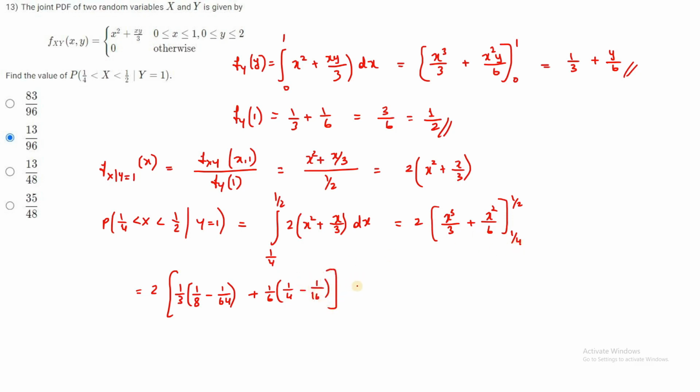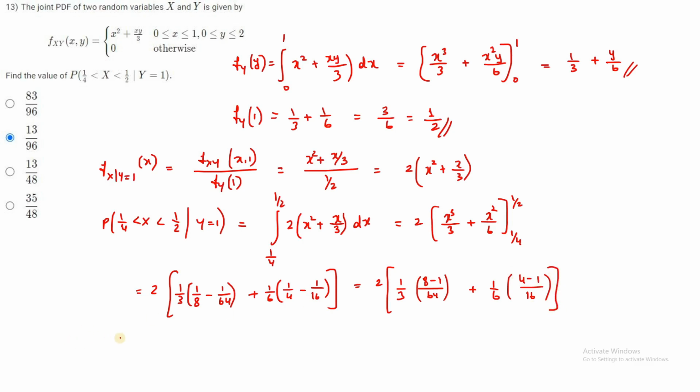If I simplify it, I'll have 2 of, I'll take 64 as the LCM, I'll have 8 minus 1, plus 1 by 6, and I'll have 16 as the LCM, and it's 4 minus 1.